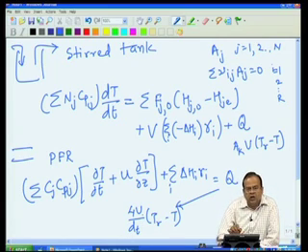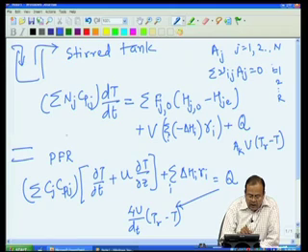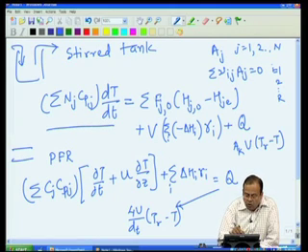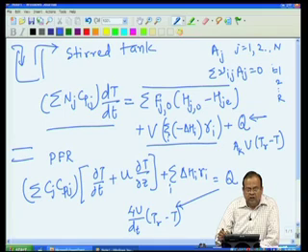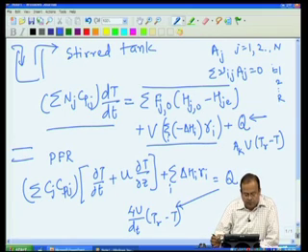So, essentially in both these cases the idea is that accumulation, for example, is a result of convective heat transfer, the heat generated in the reaction and heat which is externally added to the system.